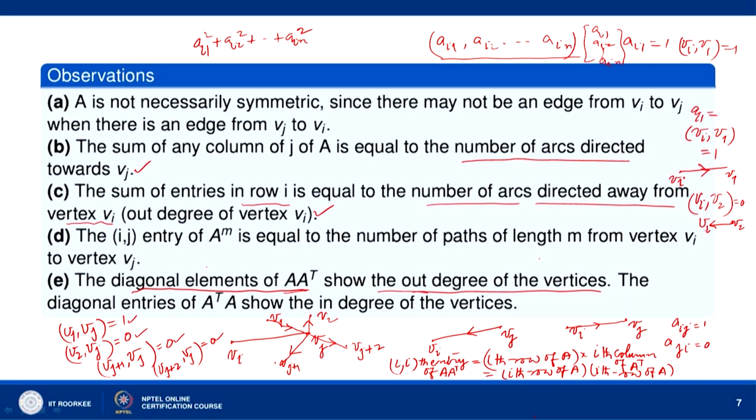So, it will be 0. So, it is 1, it is 0, and so on. The sum of these ones will tell us the out degree of bi, because either the value of aij is equal to 0 or aij is equal to 1. So, the diagonal elements tell us the out degree of the vertices. Similarly, the diagonal entries of A transpose A tell us the in degree of the vertices.